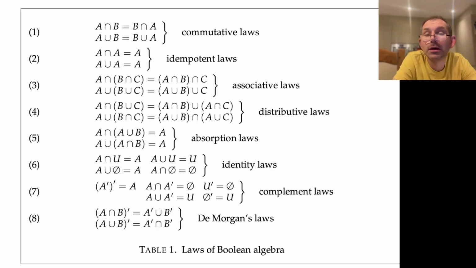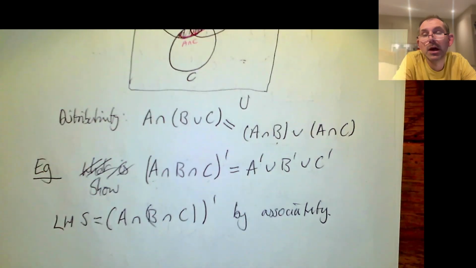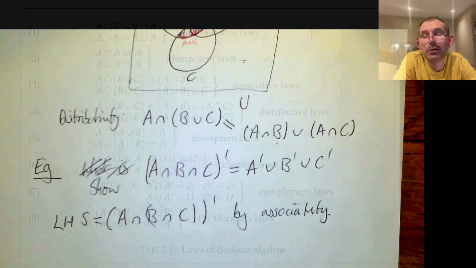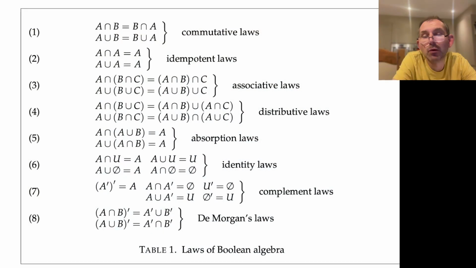And so we're going to be interested in De Morgan's laws. Because we are looking at an intersection of two sets and then taking a complement, we're going to want to use this De Morgan's law, this first line of number 8.